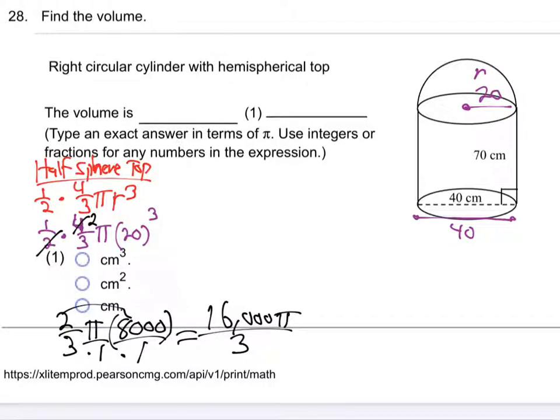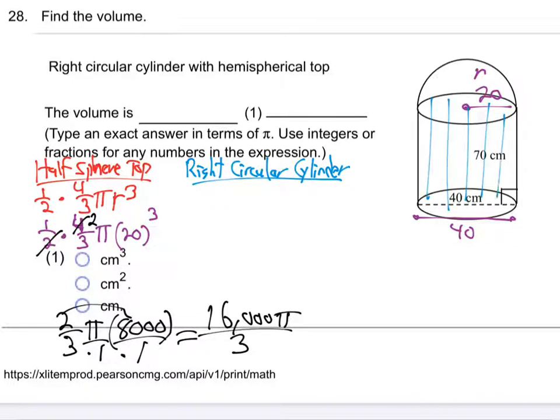Now we have to do the volume for the base. What's the base? It's a soda can. They call that a right circular cylinder. So this shape here in the front, we're filling this up.